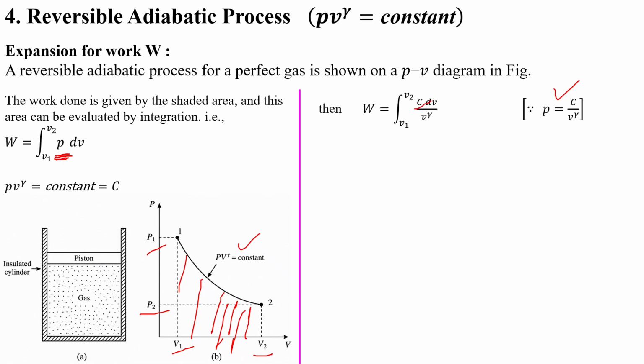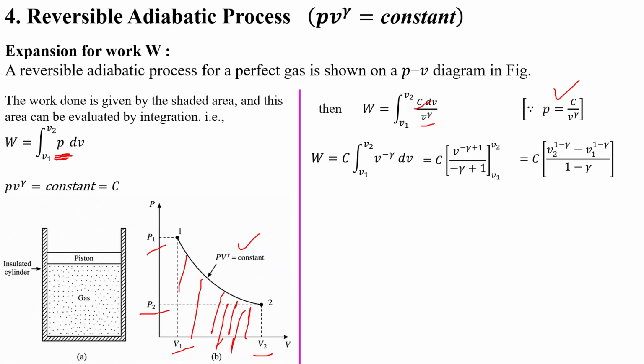Here C is the constant, so taking it outside the integration, work done W equals C times the integration from V2 to V1 of 1 divided by V power gamma, which is V to the power minus gamma dV. Then this integration becomes C times V to the power minus gamma plus 1 divided by minus gamma plus 1, with limits V2 to V1.